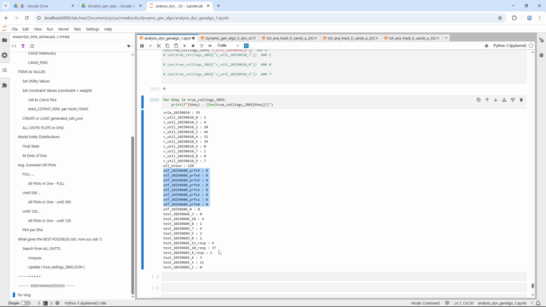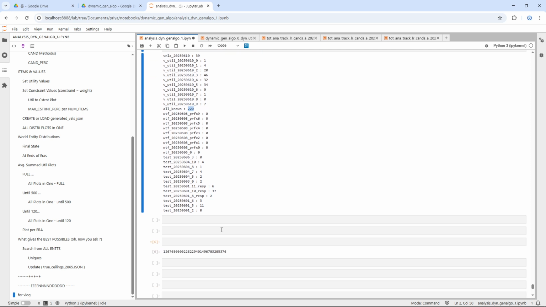And then when I did things in the responsive way, I had 37, 6, and 2. In this one I had 11, so I got quite a few, and I just collected all of them together, and I again sifted them and then filtered them and got the unique ones, and now I have 220 unique true ceilings.